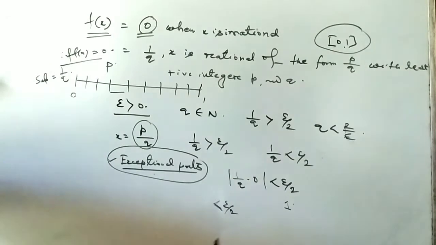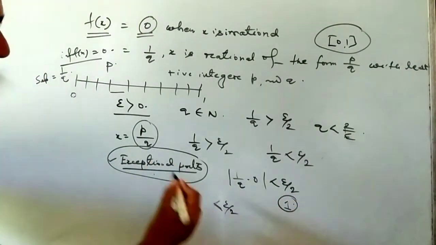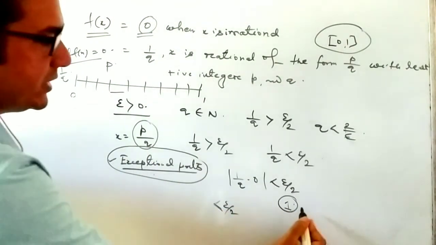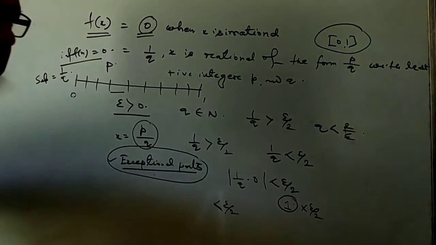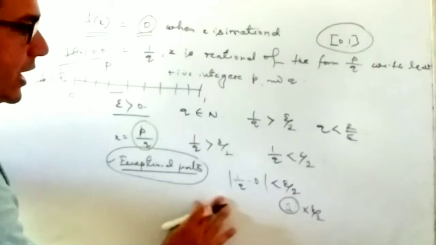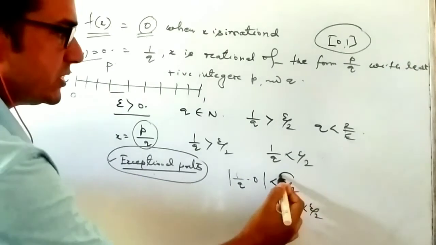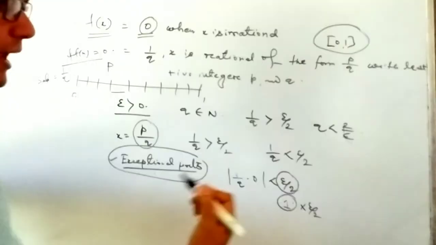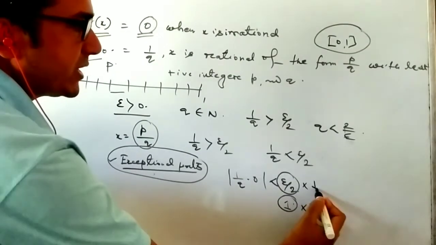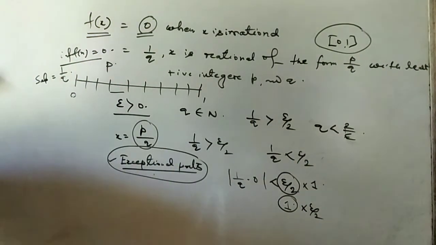Here the oscillation is at most 1 and the total length of the subintervals is epsilon by 2. And here the oscillation is epsilon by 2 and the total length of the subintervals is at most 1.